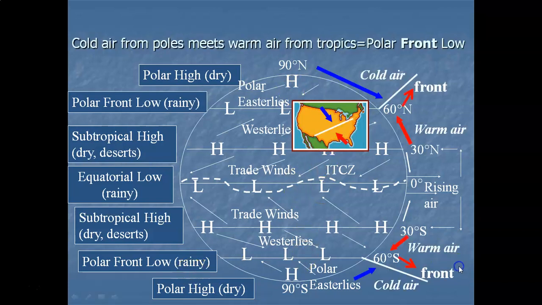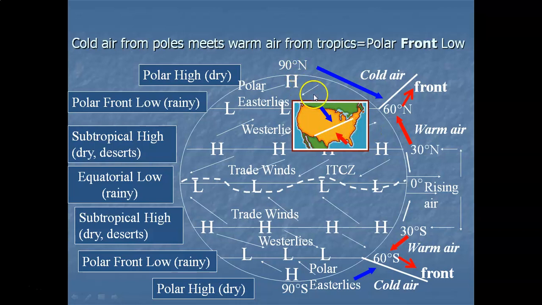And so let's move on now to our final pressure belt at 60 degrees north and south, and it's the low pressure belt. And remember, I was emphasizing the term front. In mid-latitude locations, it really is the only place on Earth where you've got the meeting of opposite air masses.